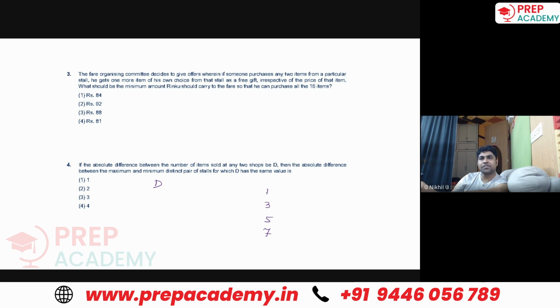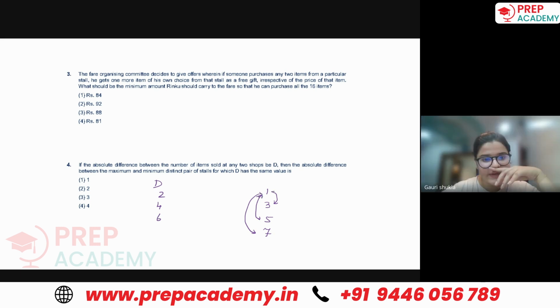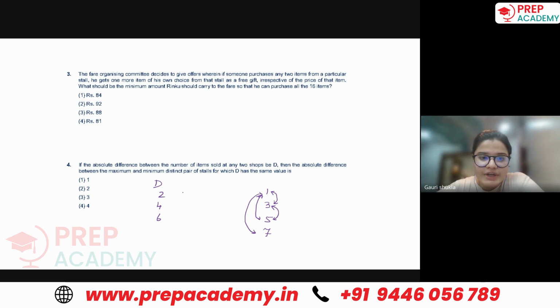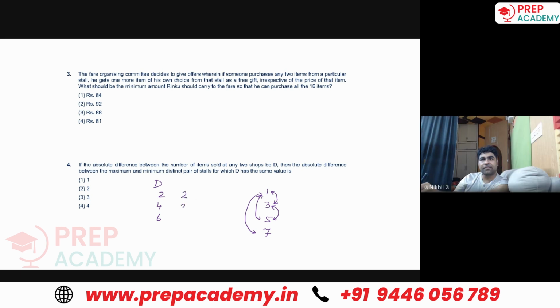If I take the difference with 1, D can have the value of 2, with 5, D can have the value of 4. With 1 and 7, D can have the value of 6, isn't it? Now, taking 3 and 5, because 1 and 3, the difference would be 2 only. 3 and 5 also it's 2. 3 and 7, 4.